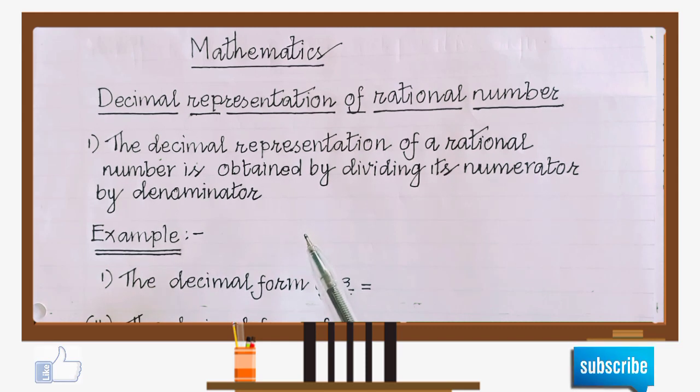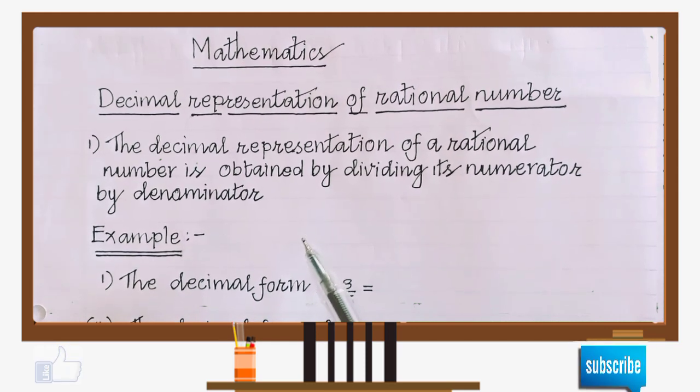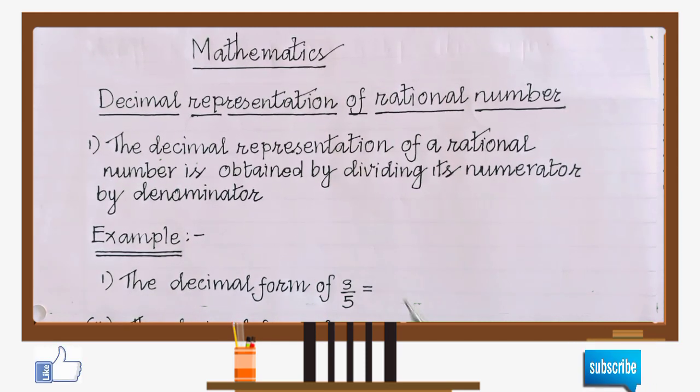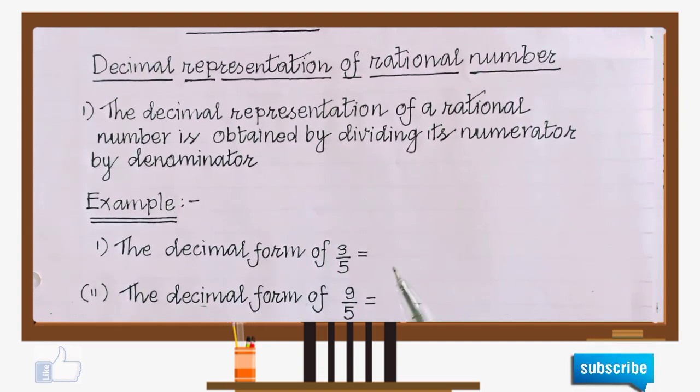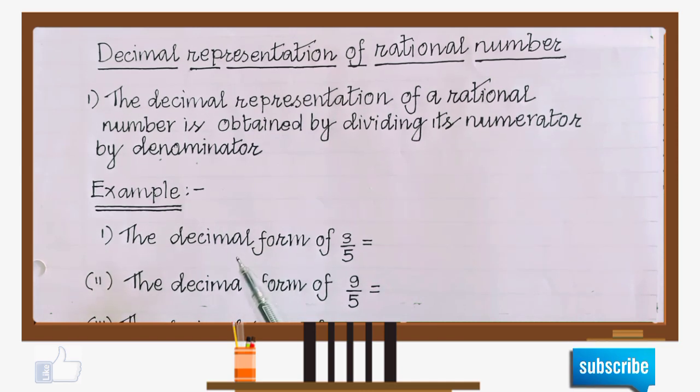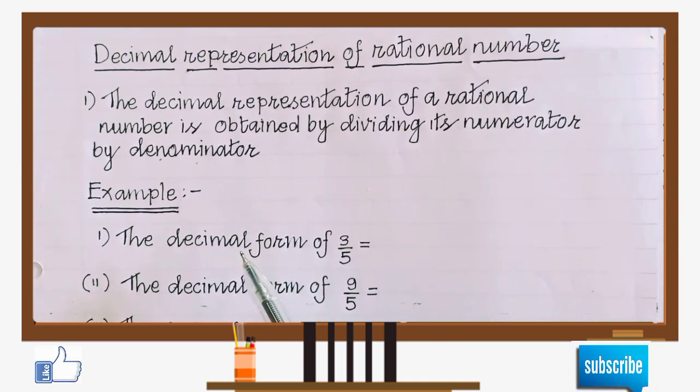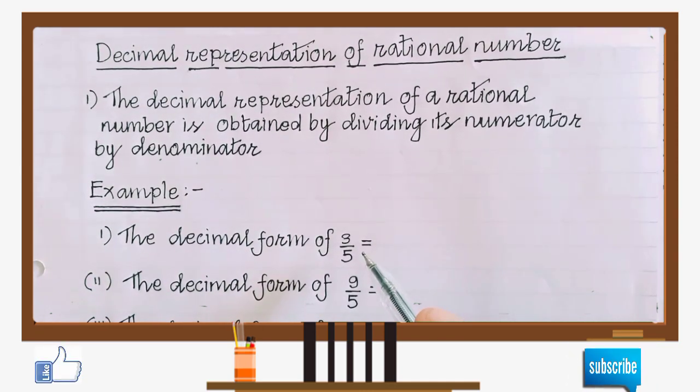न्यूमरेटर को यदि हमने डिवाइड किया डिनोमिनेटर से, जो भी कुछ हमको आंसर मिलता है दैट इज नथिंग बट our decimal form. Now for example, the decimal form of 3 by 5, you divide 3 by 5.